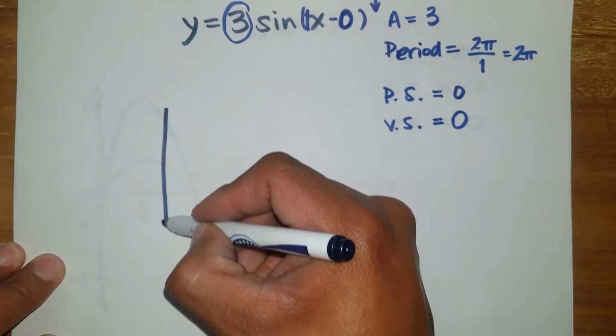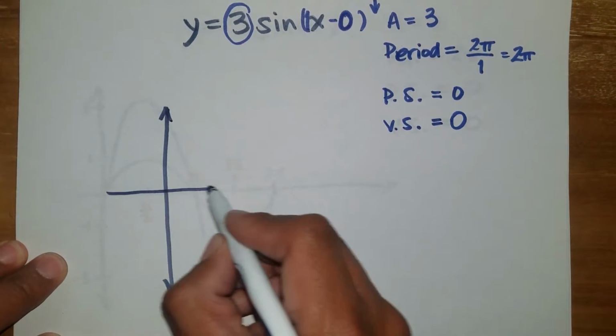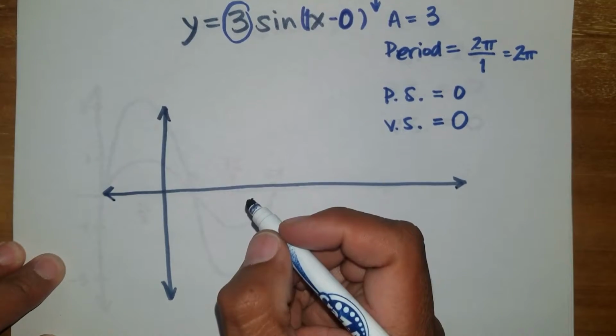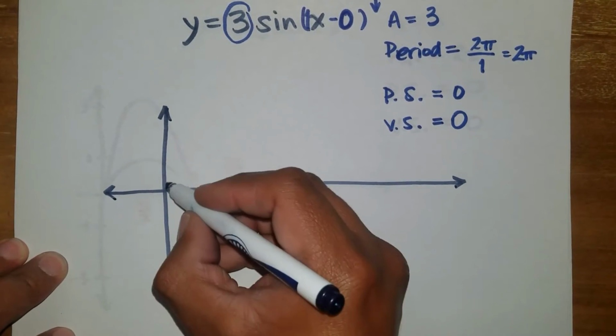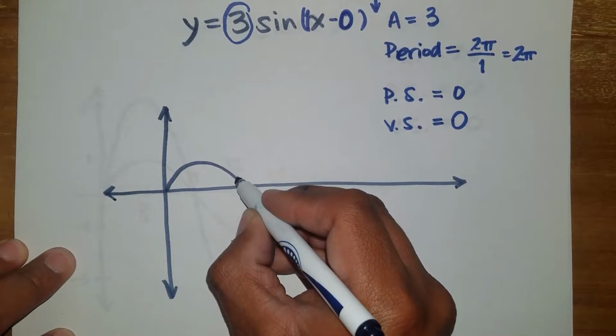Now we're going to sketch the graph, but first, in comparison, we're going to sketch the graph of sine of x. Here we use the period of 2 pi.